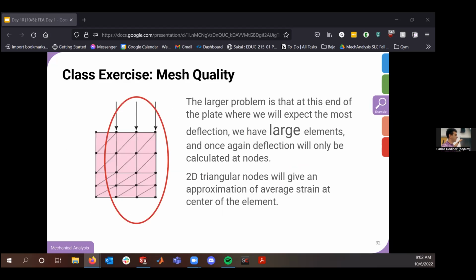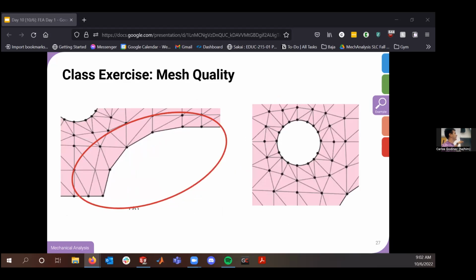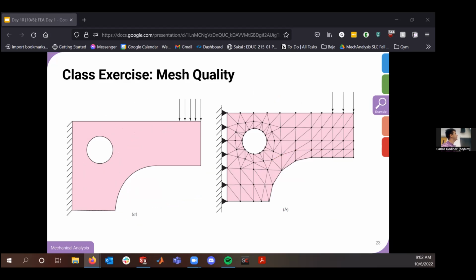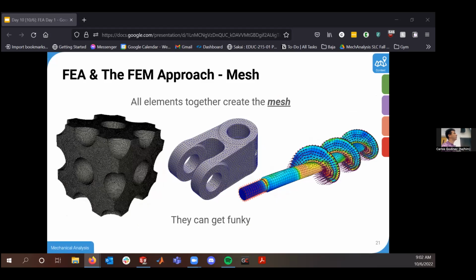The next section we're going to talk about is that now we've meshed the object, how do we go about solving it, and what do the governing equations look like? For something like this, it looks like a really tiny mesh. I don't even want to begin to think of how many thousand degrees of freedom exist for this model.